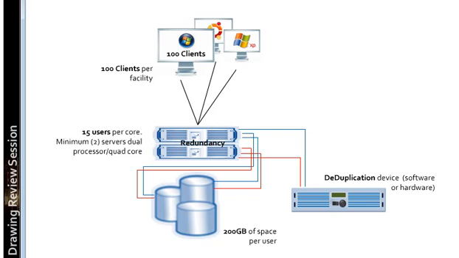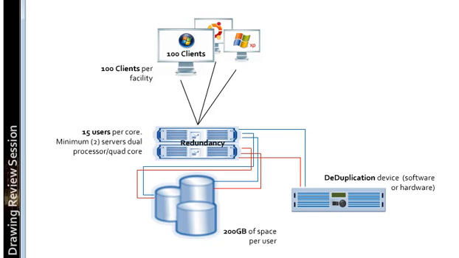Remember, in a thin environment, it's all about their data and their settings, so we want to protect that. If this site were destroyed by, I don't know, a natural catastrophe, we could literally take these users and plug them in anywhere, because we're replicating this deduplication device, and they'll have their service, their data, everything will be good to go.